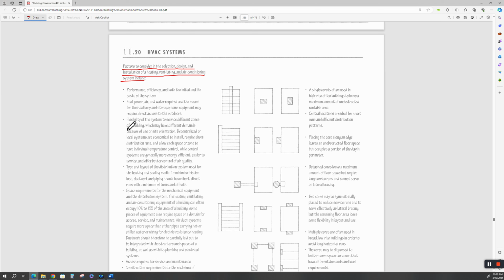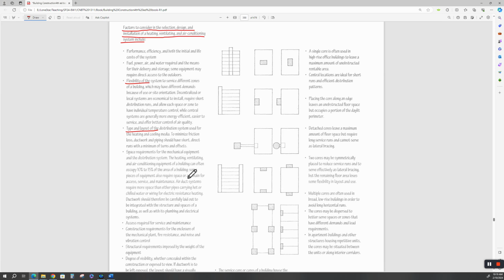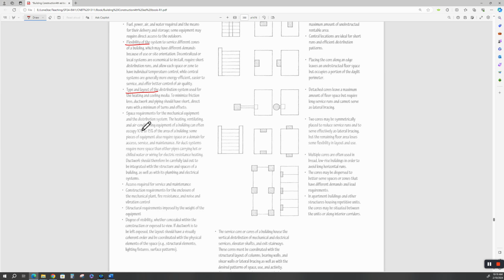Flexibility. Can it serve? How many zones do you need it to serve? So flexibility of the system. The type and layout of the distribution system. Do you have room for heavy ductwork? Or are you going to have to zone this stuff? Space requirements for the mechanical equipment.